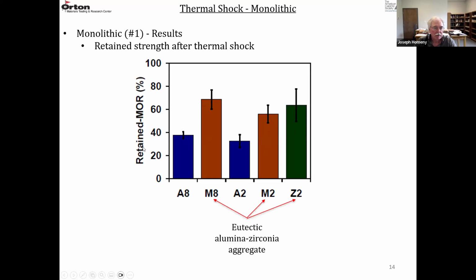So this is retained MOR versus these 5 different compositions. And M8, M2, and Z2 are the ones that had the eutectic aggregate in it. So you can see that the highest retained strength were the castables with the eutectic aggregate in it.